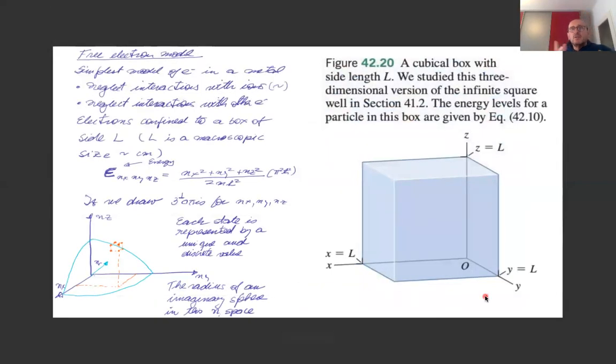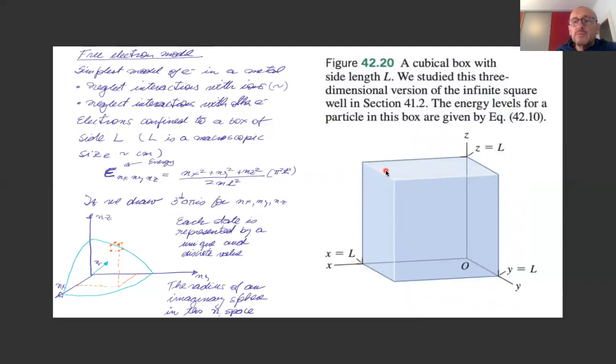So this is what I was telling you before. This is what we plan to describe: the free electron model. In the free electron model, we are saying the electrons are bound in an infinite potential well in 3D.